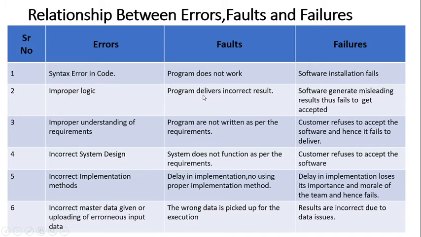Then the fault occurs when the program delivers an incorrect result, and failure occurs when the software generates a misleading result and thus fails to be accepted. Errors occur from improper understanding of the requirements; those errors become faults when programs are not written as per the requirements, and those faults become failures when the customer refuses to accept the software, hence it fails to deliver.